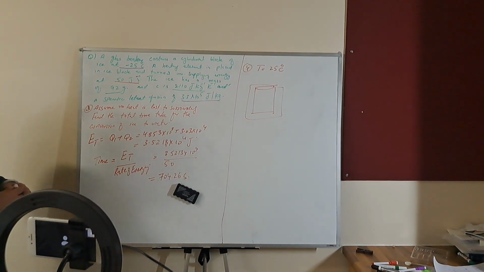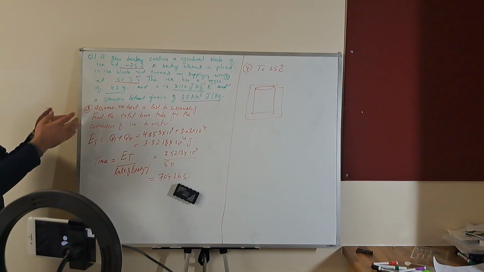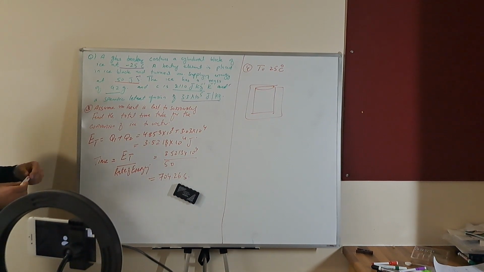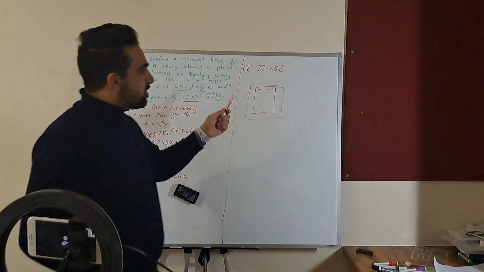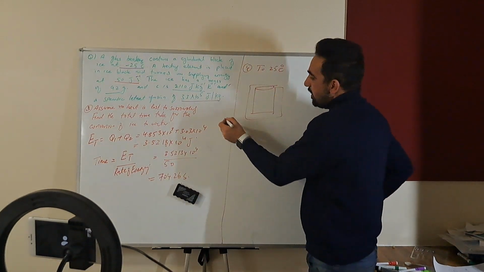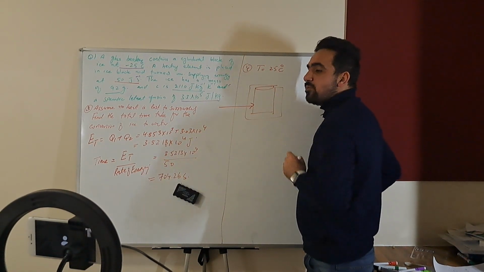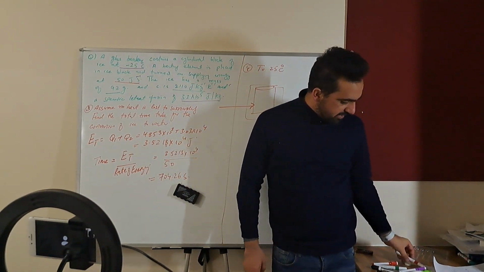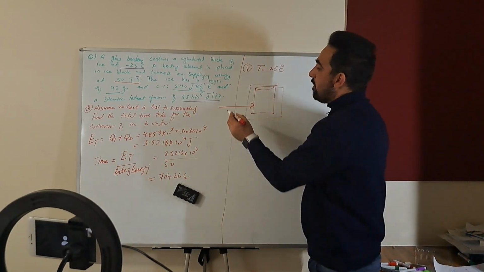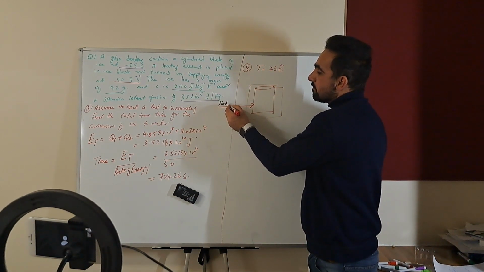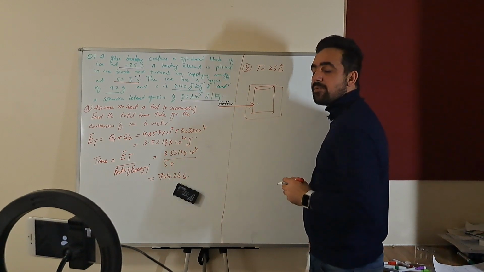How will it affect our temperature, our rate of conversion? So if we have insulation, we already know that heat from hotter body moves toward colder body. So the tendency in the heat is it moves from hotter substance to colder substance.